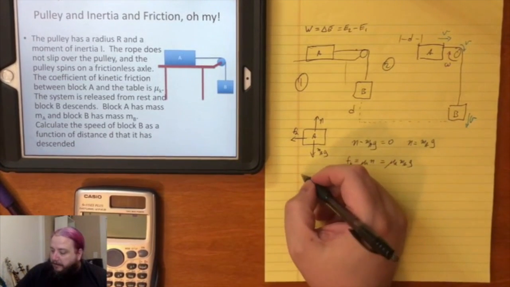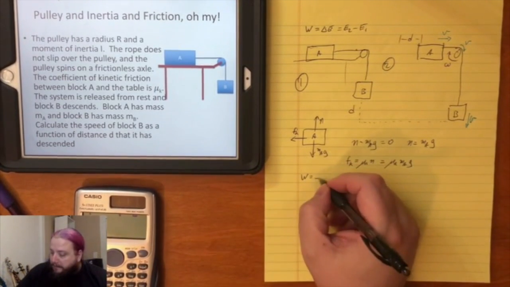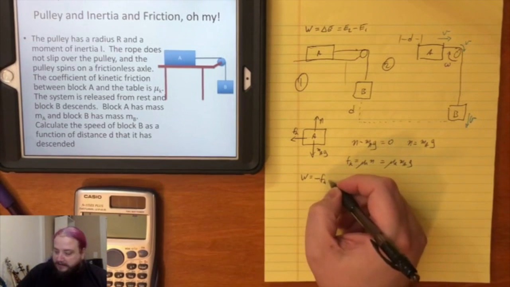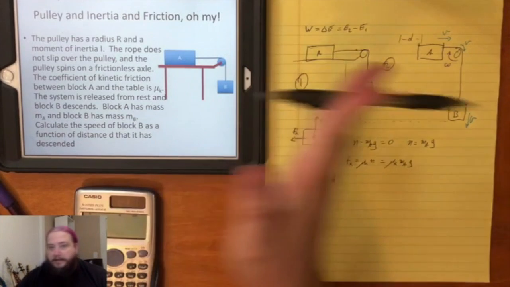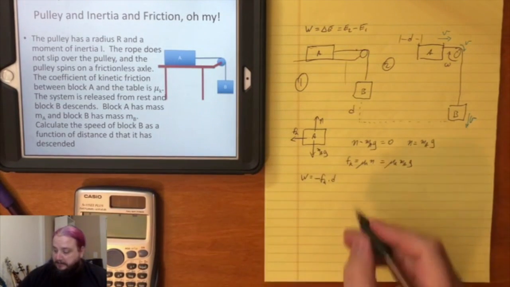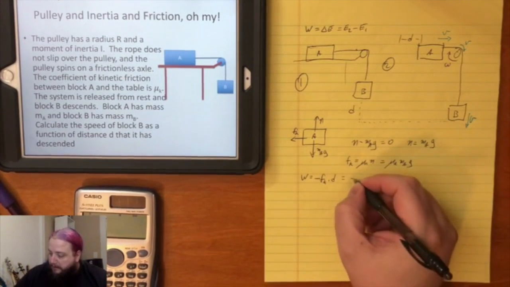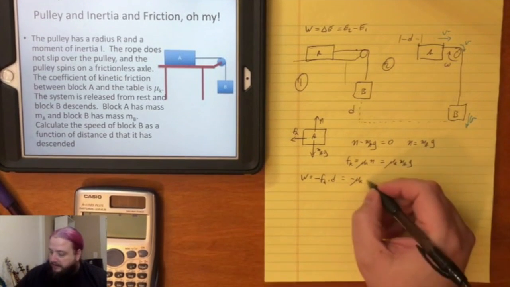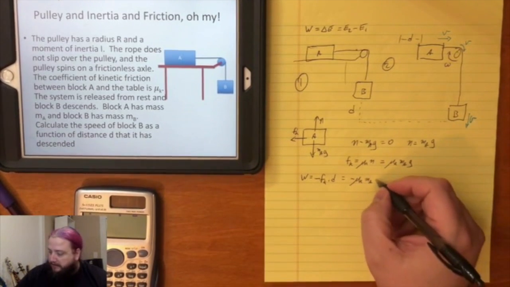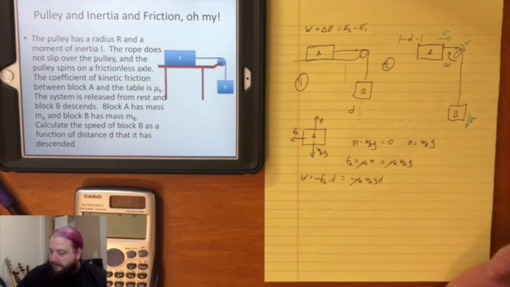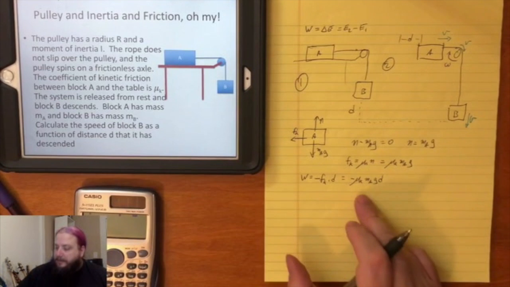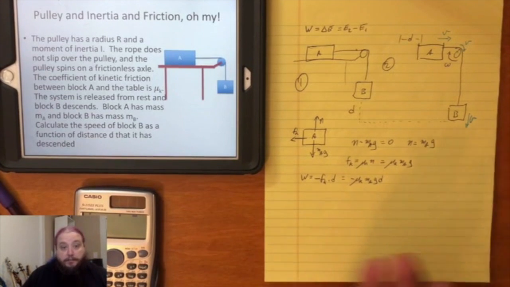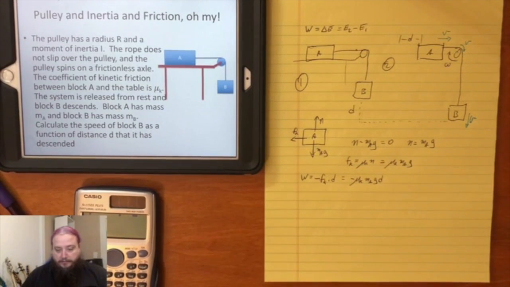And since the work then is going to be minus fk times d, because the force is in that direction, but the displacement is in that direction, so that's minus mu k times ma times g times the distance d that the box moves. So that's the amount of energy that friction is removing from our system.